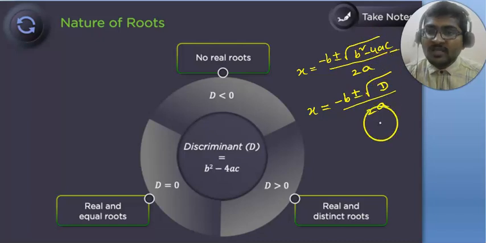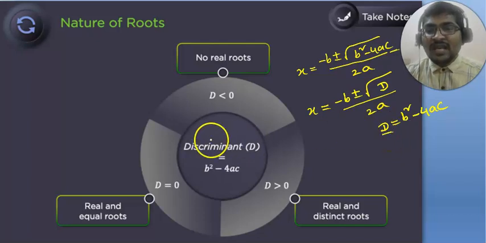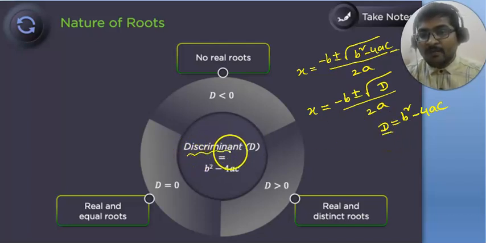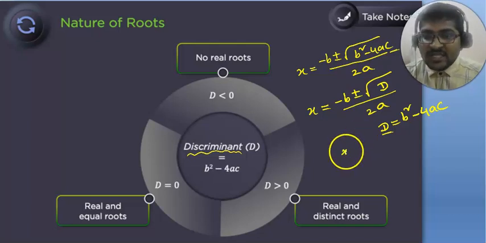So compare these two, right? So D is equal to b square minus 4ac. So here D is the discriminant. So look at here, students.